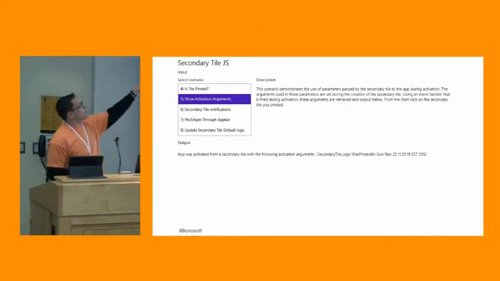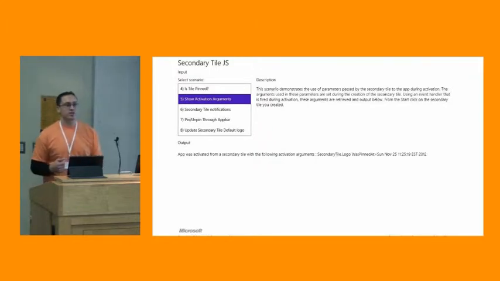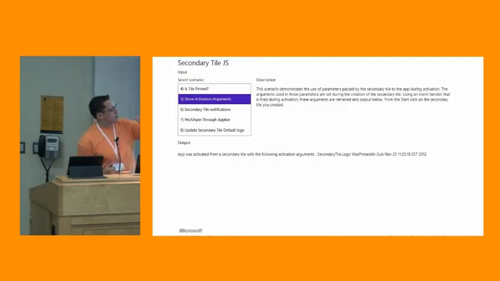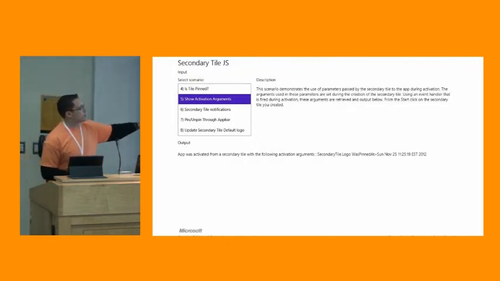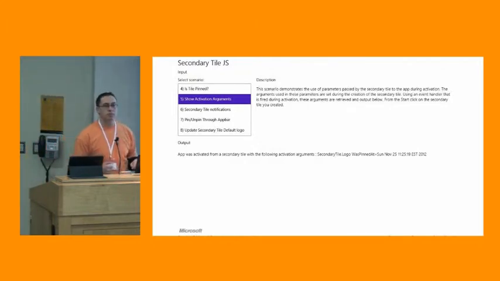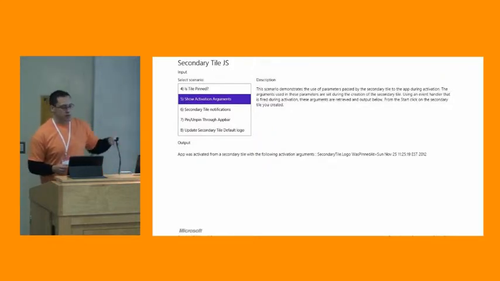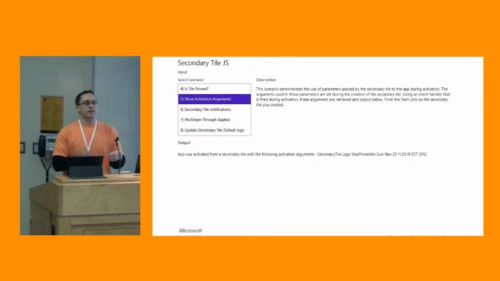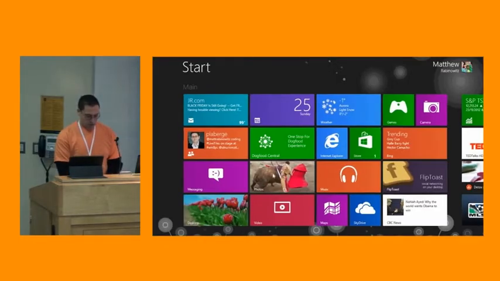But one thing you'll notice, it actually launched and selected scenario 5 there, which was to show the activation arguments. And the activation arguments are the secondary tile logo, which I'll show you when we get into the code, as well as what time it was pinned at. That's because I chose to send in that information, but to show you where that contextual information comes from.